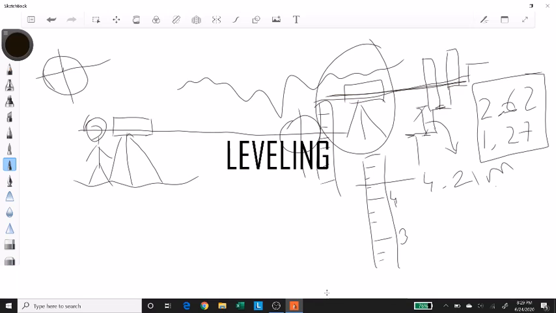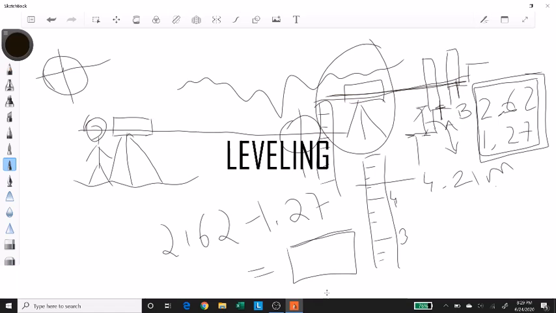First you placed it on this step A, and then you placed it on this step B. The first value you got was 2.62, and then you got 1.27. Now if I subtract 1.27 from 2.62, this difference will be the difference in height between the point A and the point B.